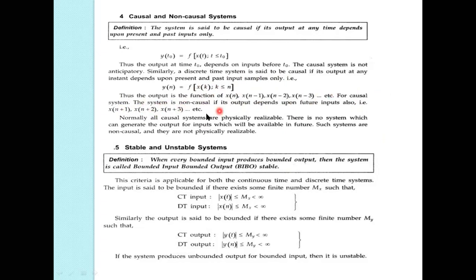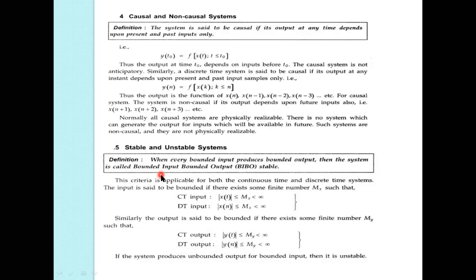A system is non-causal if its output depends upon the future inputs also. You see here x of n plus 1, n plus 2, n plus 3 in combination with this function, that system is a non-causal system. My dear students, a causal system depends upon the present and the past inputs, which we already discussed.